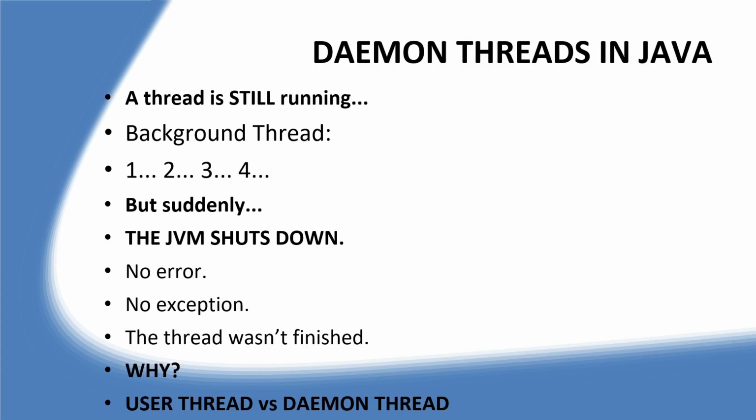Now let's get started. Daemon threads in Java. Imagine you start a background thread that is supposed to keep running, but it is performing its task normally, there is no error, no exception. But as soon as the main work of your application finishes, the JVM shuts down, even though that background thread has not completed.